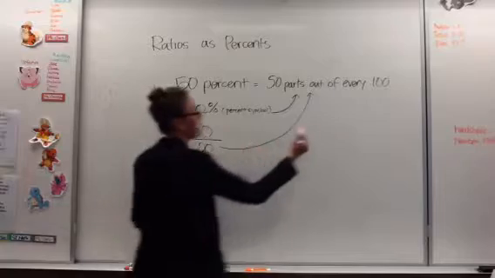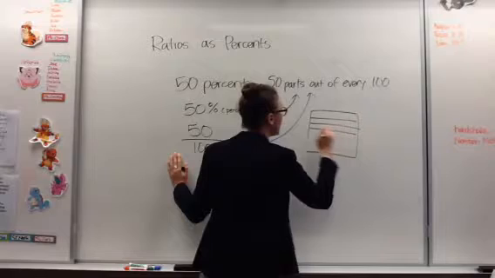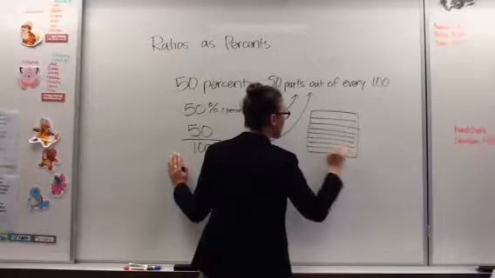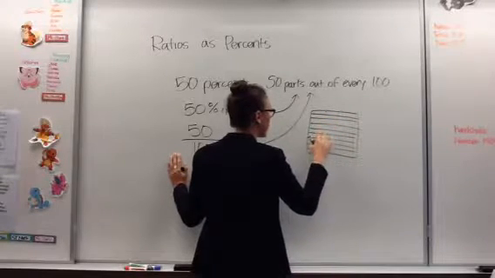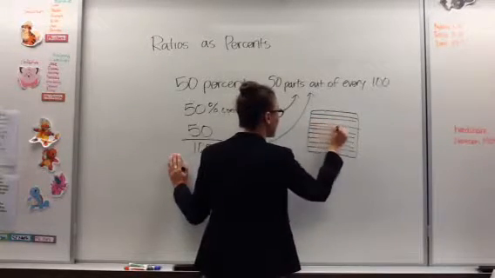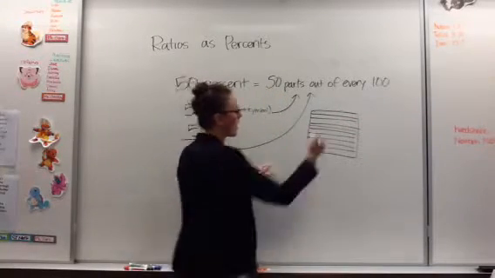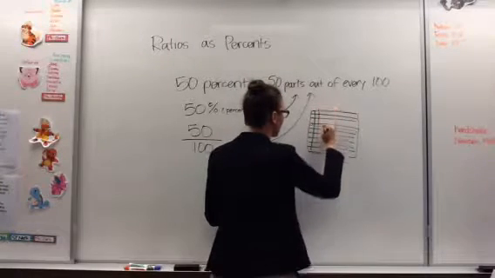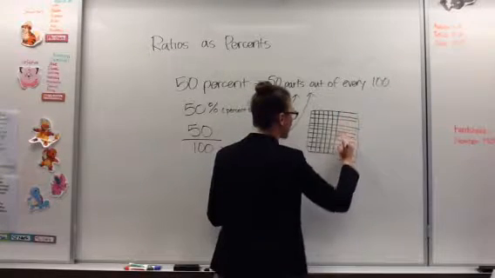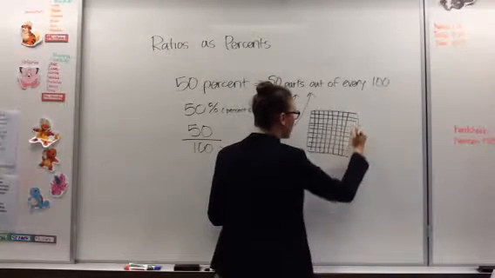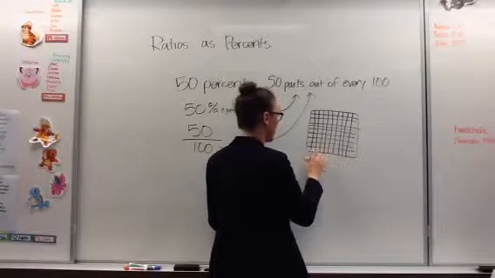You can also draw it on a square. So say you had 1, 2, 3, 4, 5, 6, 7, 8, 9, 10. So you have 10, and then do 10 this way: 10, 20, 30, 40, 50, 60, 70, 80, 90, 100.